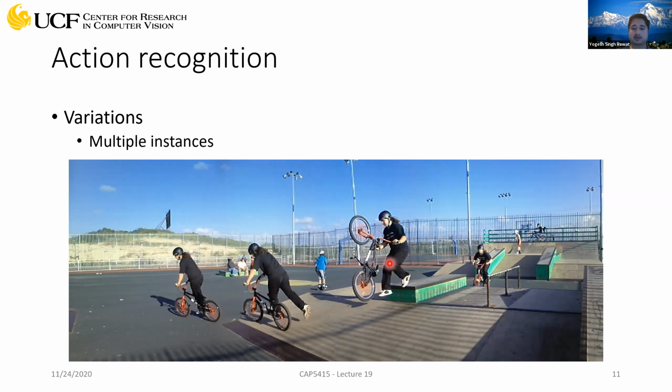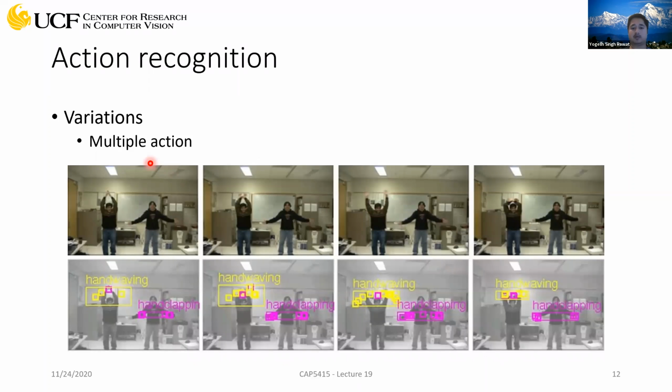So instead of just one instance, you can have multiple persons performing the same action. That's similar to multiple instance classification or multi-label recognition in images. So that's the analogy. Then instead of multiple instances, you could have multiple actions being performed in the same video frame. So this is a sample example here.